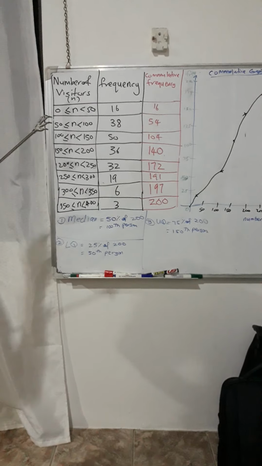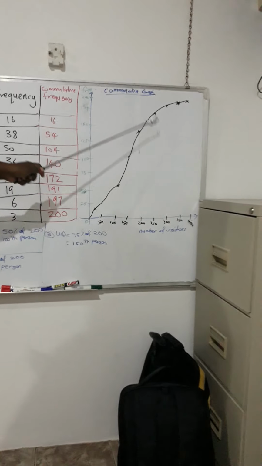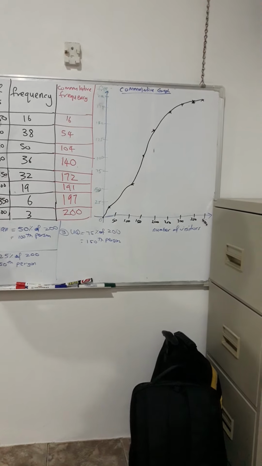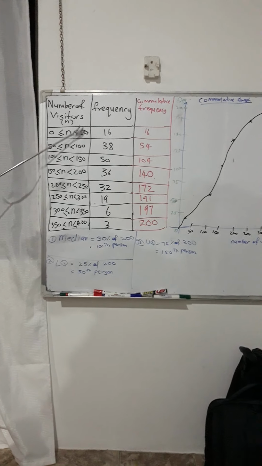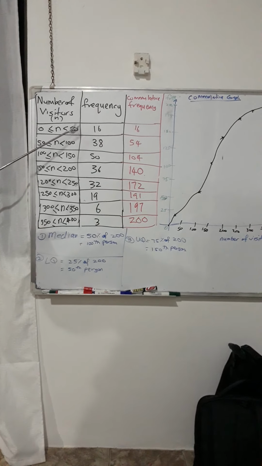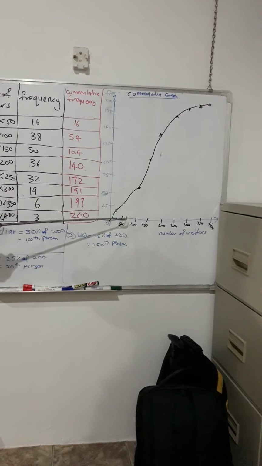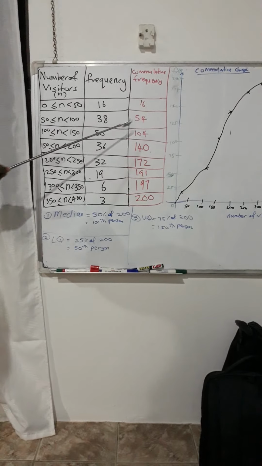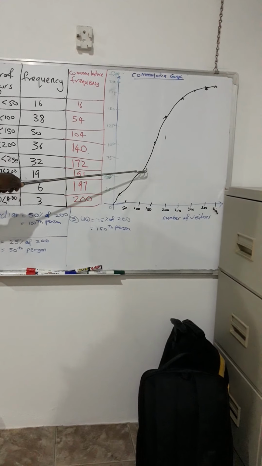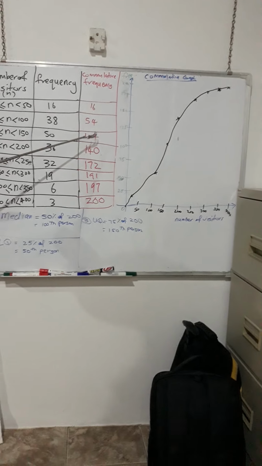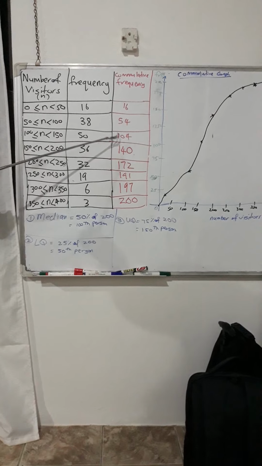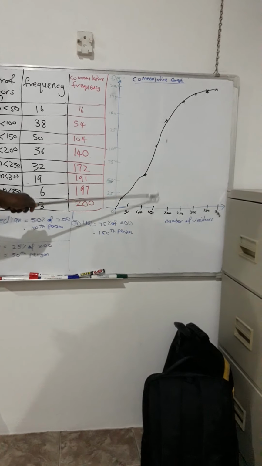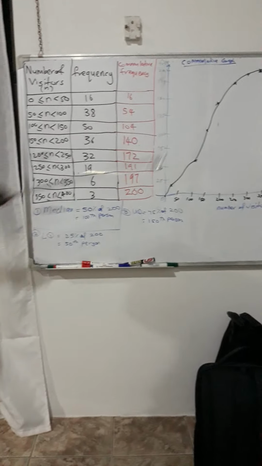Now, when we're going to draw the cumulative frequency graph, you are always going to look at the upper class boundary. I'm picking up this one now. So 50 and 16. You can see my point there. Then you have 100 and 54, which corresponds there. 150 and 104 is somewhere there.